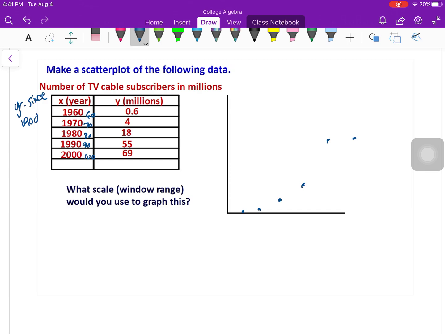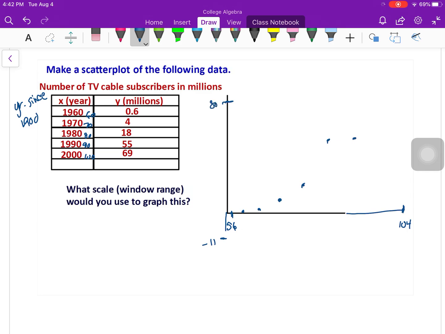And you should get this display on your calculator. So if you hit window, you will see our X min is at 56. Well, R started at 60, so 56 is going to be here. Our X max is 104. So out here is going to be 104.